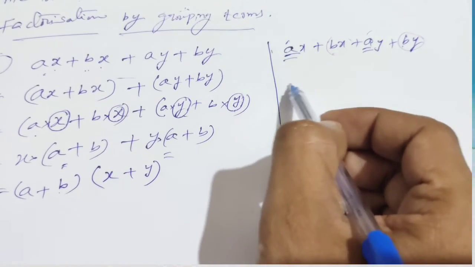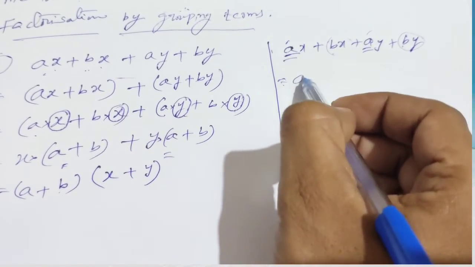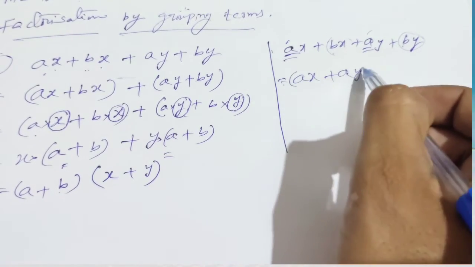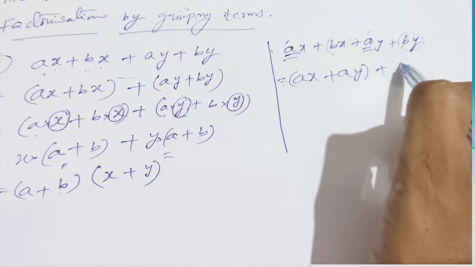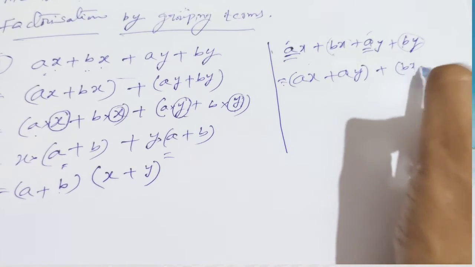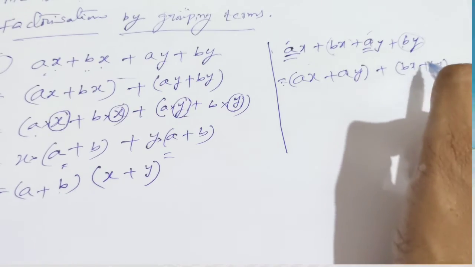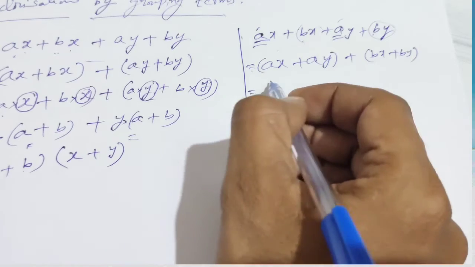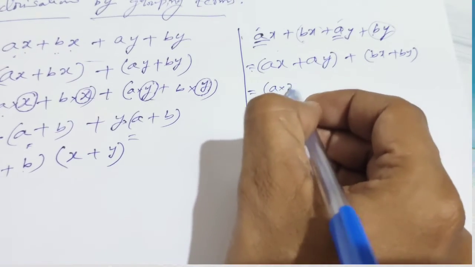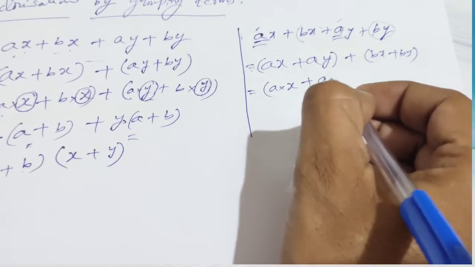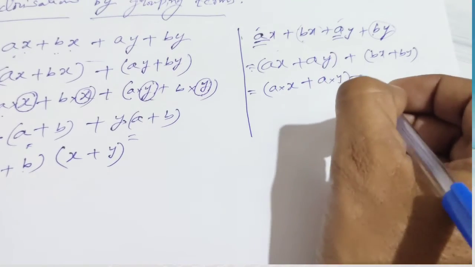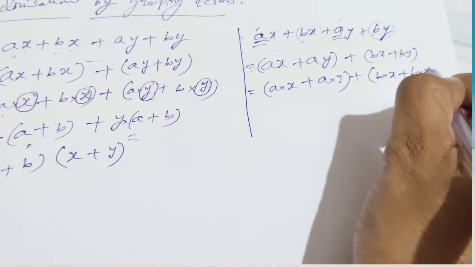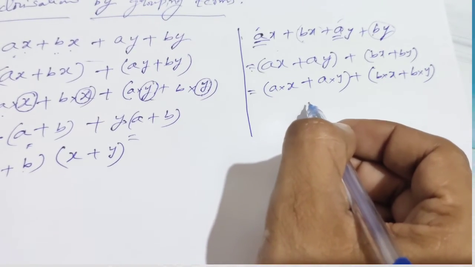Now grouping like this, by observing a, we are grouping ax plus ay. Okay, make them one group, and bx plus by. Now again for better understanding, expand it like a into x plus a into y plus b into x plus b into y. Clear?